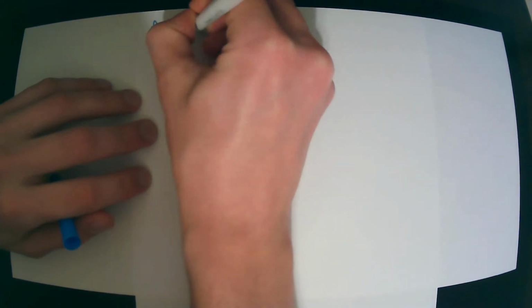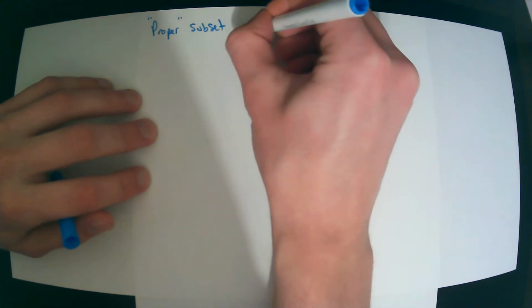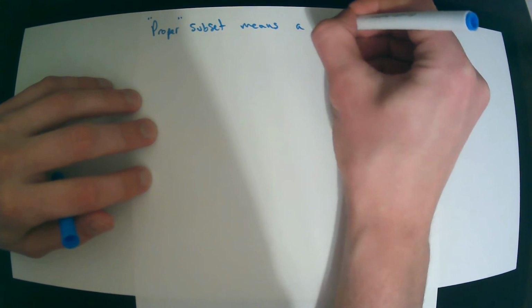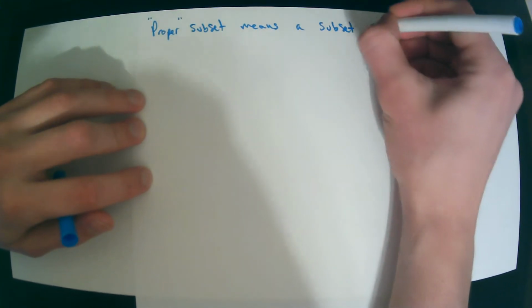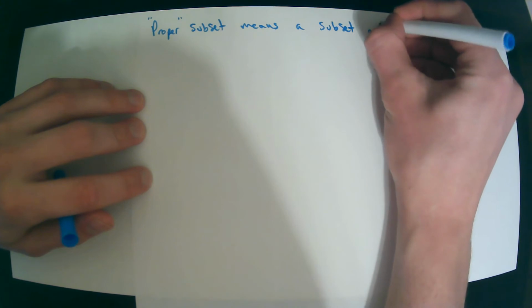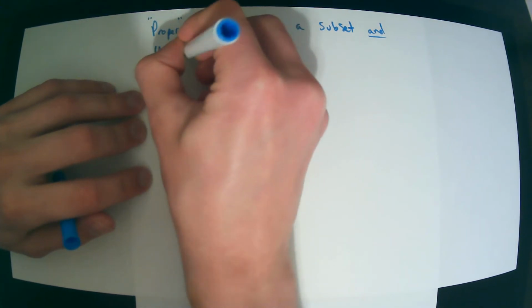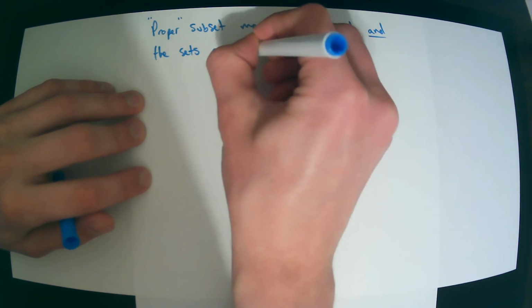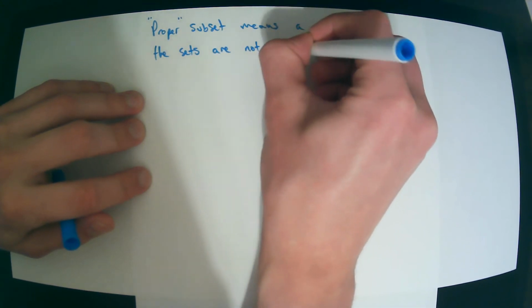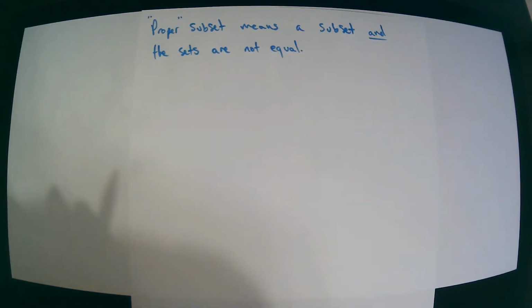So a proper subset, going off the notes here. First of all, you start off with the definition of a subset. Proper subset means a subset, so basically starting off with the definition of a subset, and the sets are not equal.